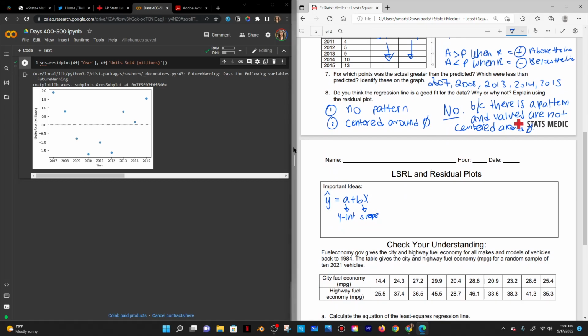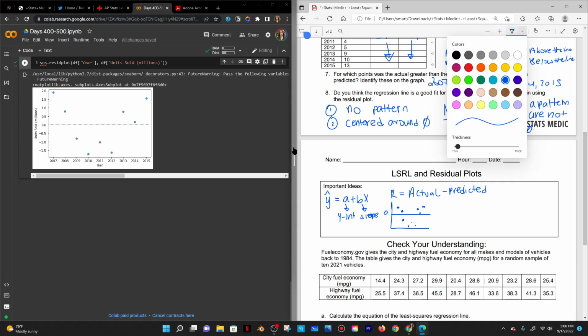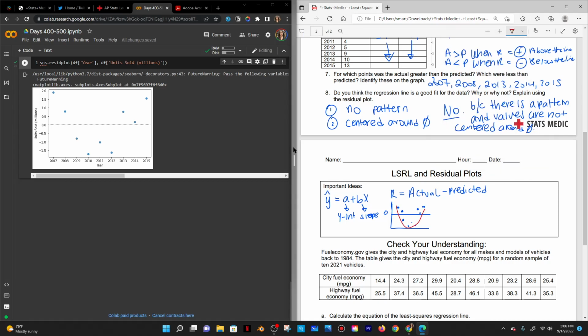So the residual was actual minus predicted, right? And then we looked at a plot of residuals, which is the line at zero. You're looking at the differences. That's what the residual plot is. We had this graph here, and we can clearly see a curved pattern, which is not the best.